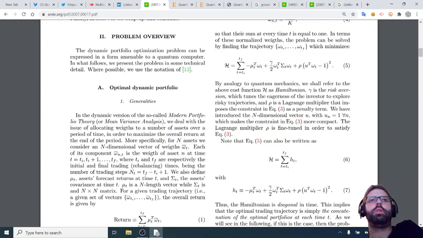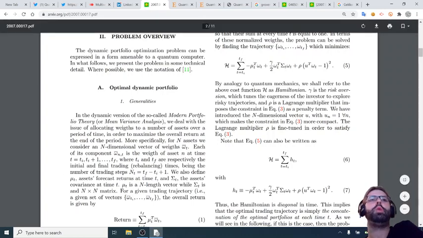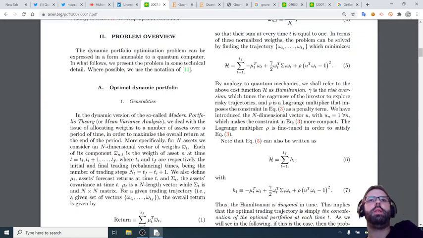So where each of its components is the weight at time t, where Ti and Tf are respectively the initial and the final trading rebalancing times, being the number of trading steps. We also define mu t as its forecast returns at time t, and the sigma, or whatever this is, t, the asset's covariance at time t.